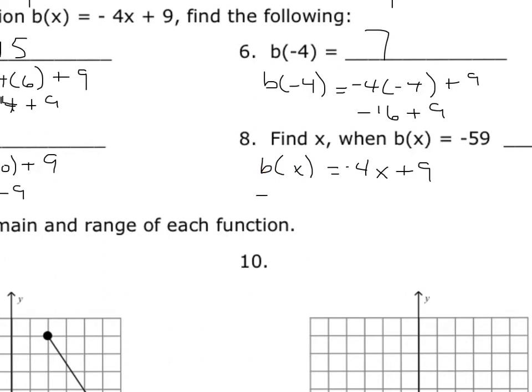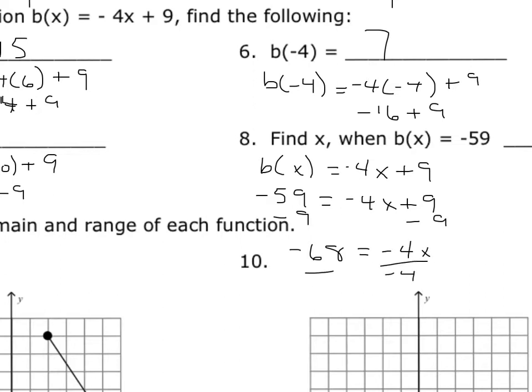So negative 59 equals negative 4x plus 9. And now we need to find x, or solve for x. So we will move the 9, and that gives me negative 68 equals negative 4x. Okay, I'm going to divide by negative 4 on both sides.